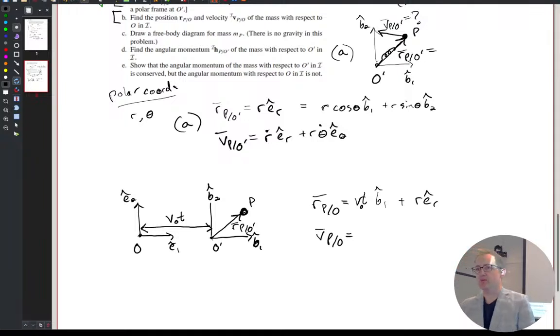What about for velocity? What does that one look like? Just based on how I wrote position so far. This one's a definition of relative velocity.